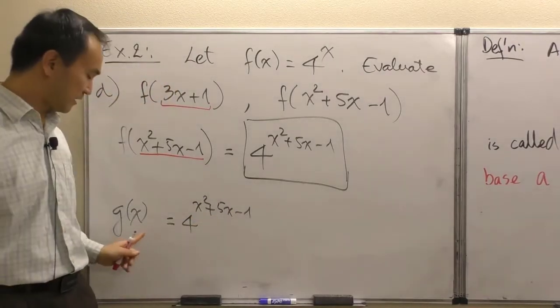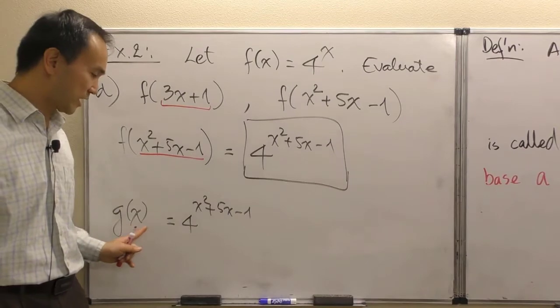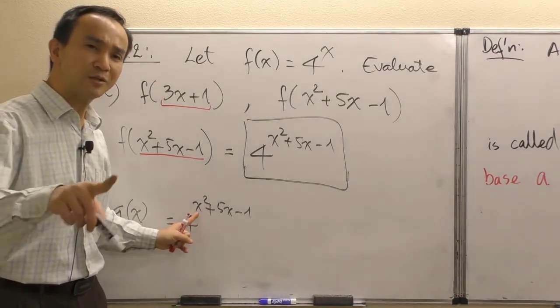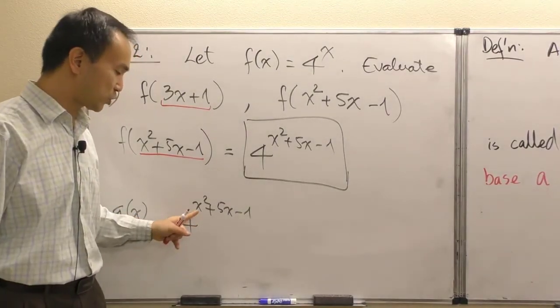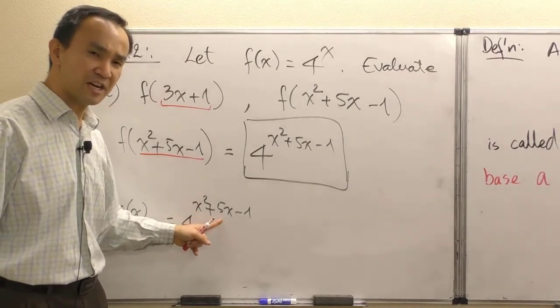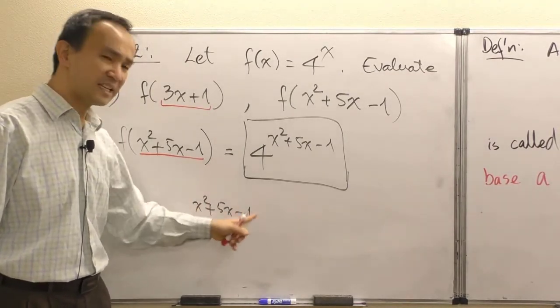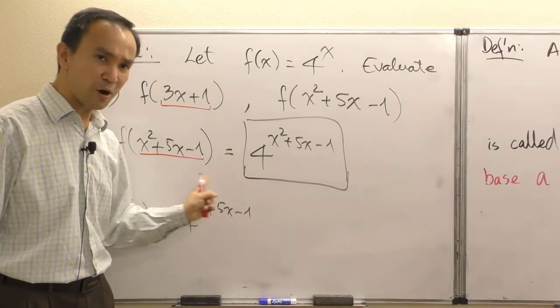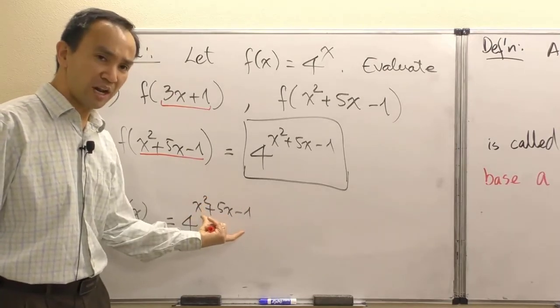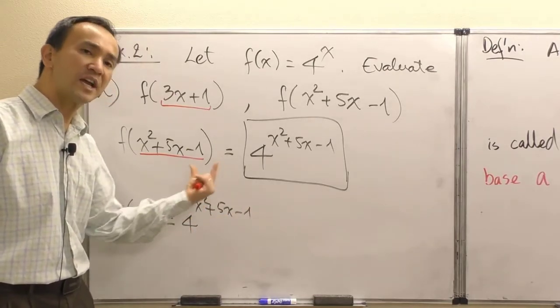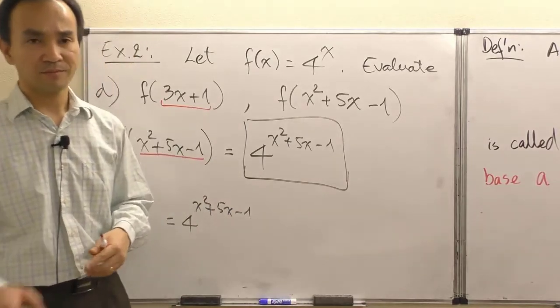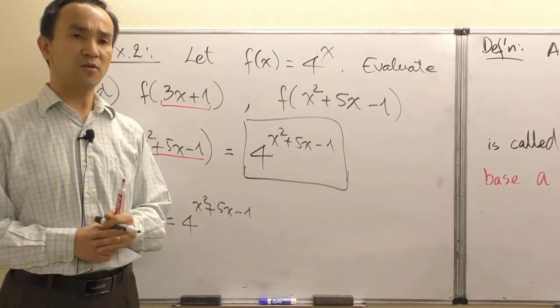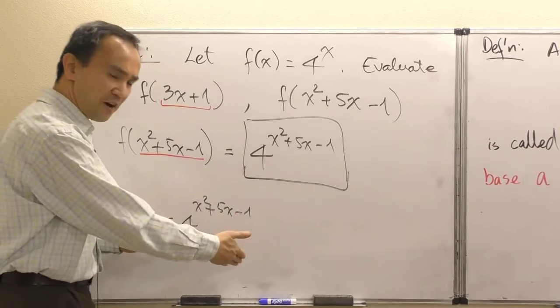If we're giving an input to x right here, then according to the order of operations, first we have to square the x, plus 5 times x, minus 1, and get that quadratic part finished first. Come out with whatever value, and then we go 4 raised to that power.